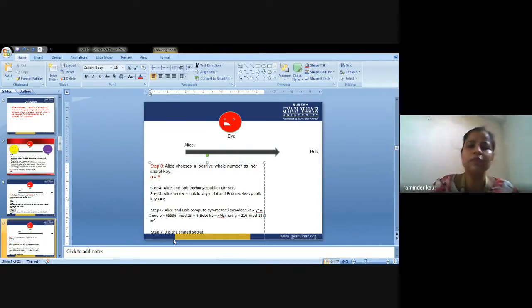So in this way, you are supposed to do the calculations in the Diffie-Hellman key exchange algorithm. Again, I am repeating the steps. I am writing all the steps here. Steps 4, 5, 6, 7 are written here, and I am giving you a quick recap of steps 1, 2, 3.